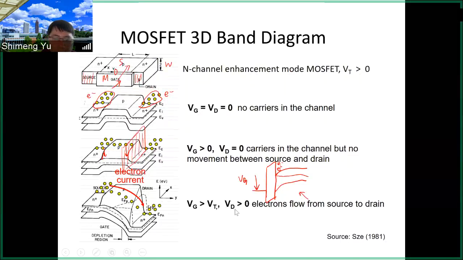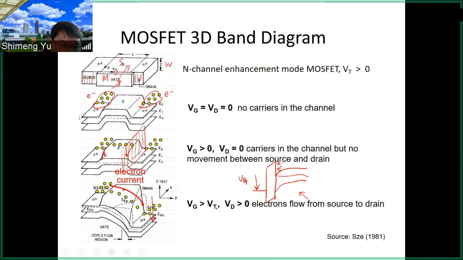Now if you further increase the drain voltage, the positive voltage pushes down the drain band. Now you see a slope from the source to the drain. And then, as we discussed many times, electrons, like water, will fall down along the slope.